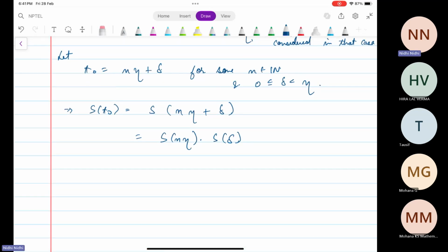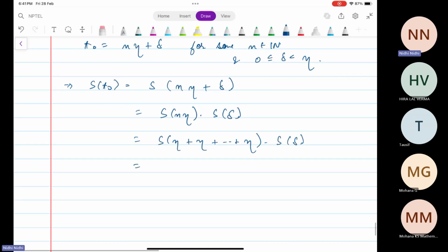So n eta is basically eta added n times, eta plus eta and so on, and the sum is n times, again by property 2.